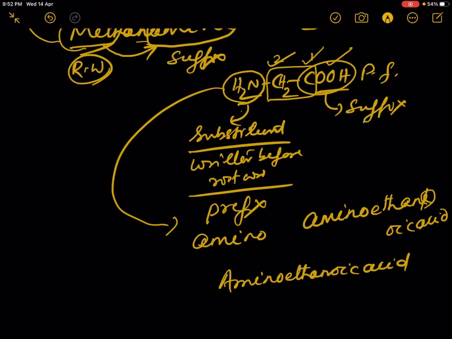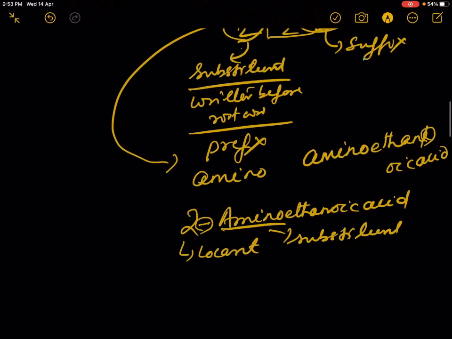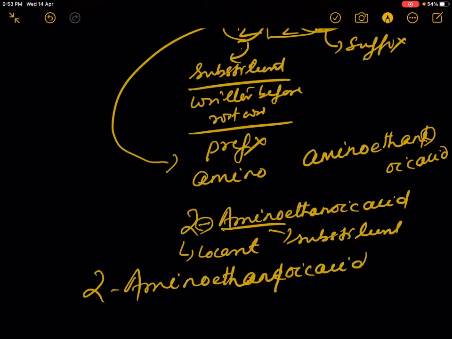Here NH2 is connected to number 2, so 2 is written before amino by inserting a hyphen between this locant and this substituent, 2-aminoethanoic acid. You see the name is 2-amino, ethane, remove E, ethanoic acid.